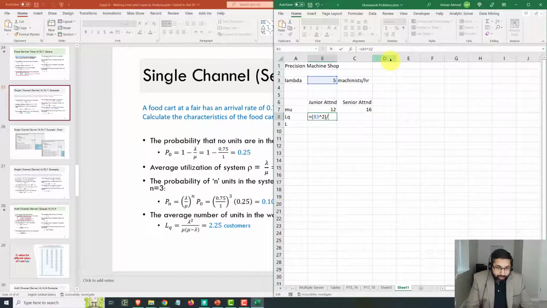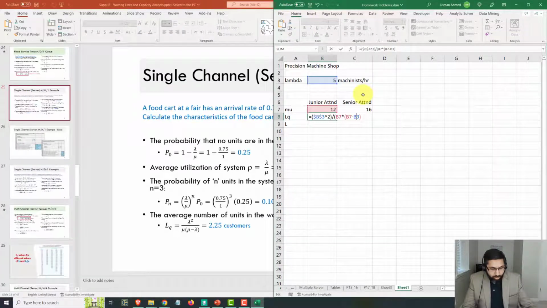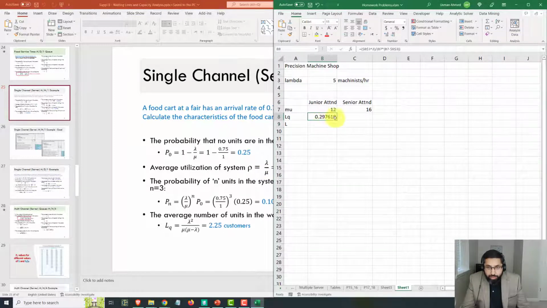So divided by mu, which is right here, times mu minus lambda. I'm going to put dollar signs around the lambda because if I copy the formula, I don't want the blue cell to move. The blue cell should remain locked. And that is going to be my LQ. I forgot to close one of the brackets, and I can just drag it here and get the LQ for the senior attendant as well.